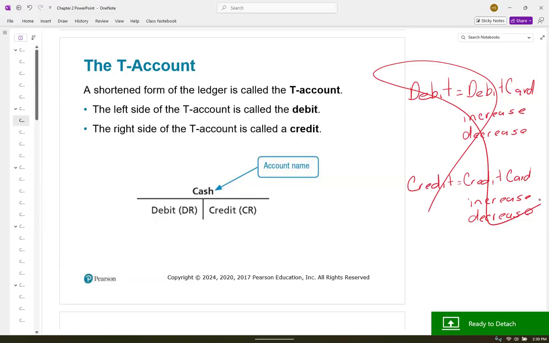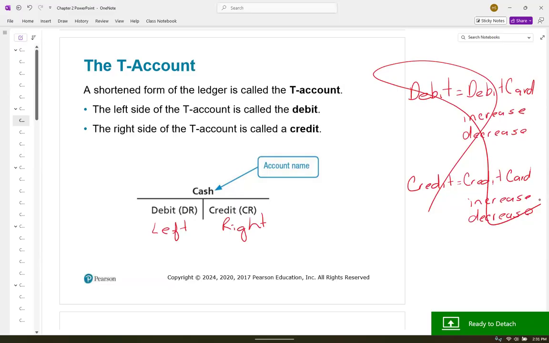A debit is the left and a credit is the right. If I could just take the words debit and credit out and just say left and right, my job might be a little bit easier, because other industries have taken our accounting terms and used them for other things. That's not what they mean in the accounting classroom.